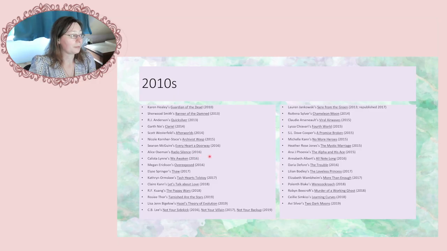I'm not going to go over all of them in detail because we will be here forever. We have Kalisa Lynn's We Awaken, Megan Erickson's Overexposed in 2016. This one I will pick out because this one has explicit word use for demisexual, and this is not a demisexual book.